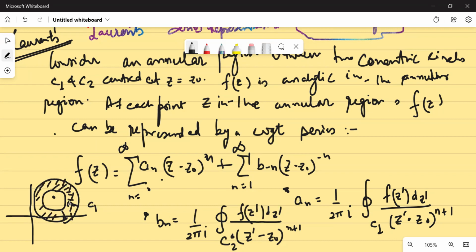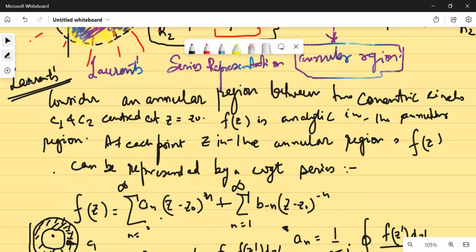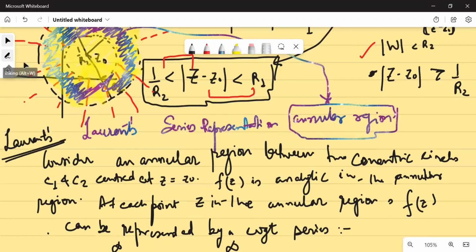In this region, I'm saying. I hope it is clear to you. We will discuss how to find the singularities by using the Laurent series expansion in the very next lecture. I hope it is clear.